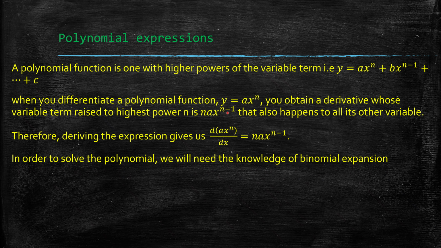Now, in order to solve polynomial functions, we need to know binomial expansion, because without the knowledge of binomial expansion, we cannot know how this formula comes about when solving it from even first principles. Then, the first steps we need to know still apply here perfectly. The first four steps that I showed you in the other previous subtopics.